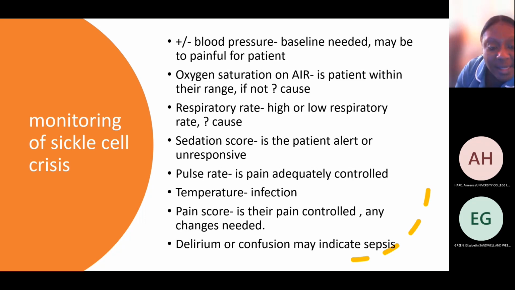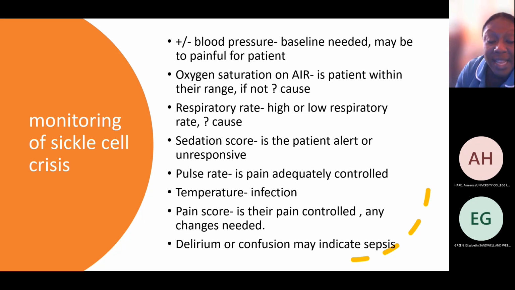Some trusts say 8, some trusts say 12. But here at the Whittington, we say if it's less than 10, then obviously we need to stop the opiates, give them naloxone, and then review the pain medication we're giving them. So that's the reason why I've put high and low. We have to know the two and know exactly how we act upon that as well.